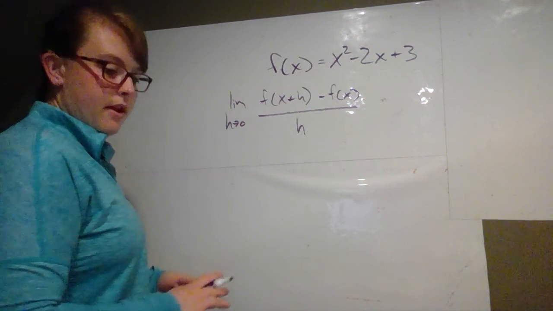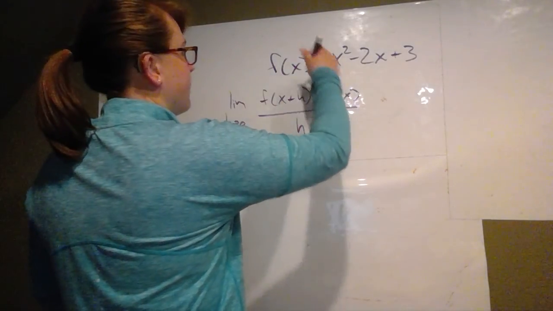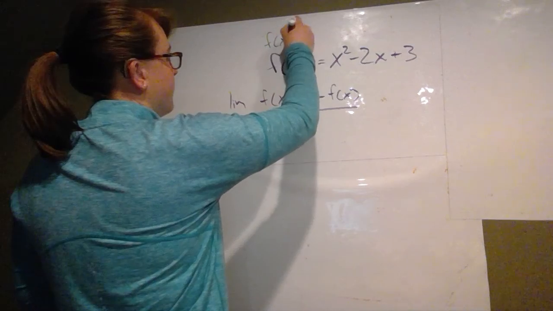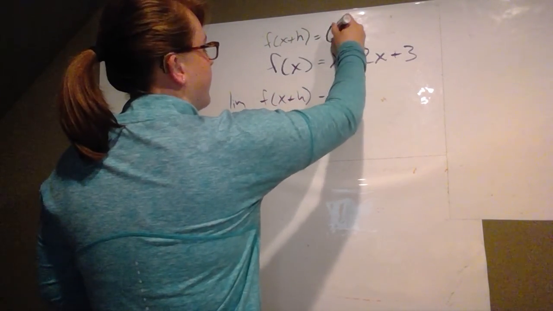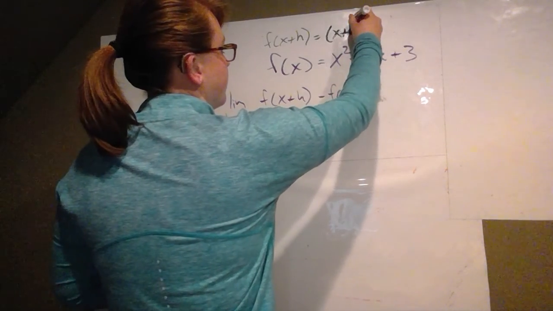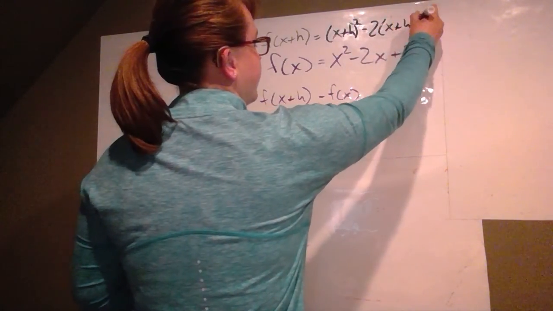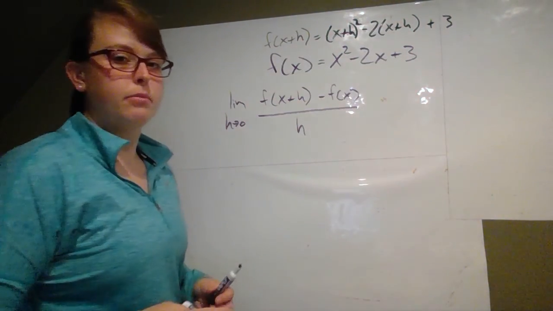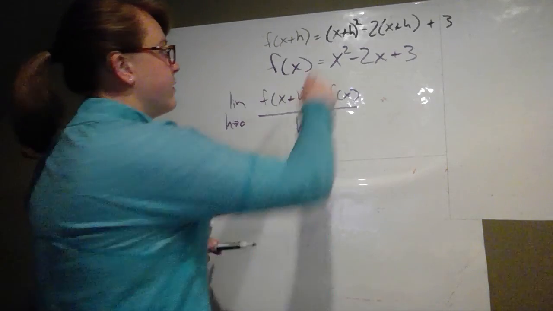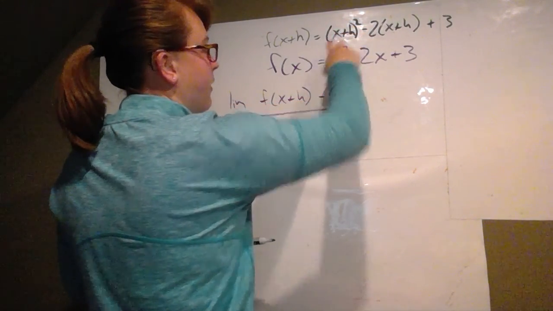So let's do that. So x plus h is going to go in anywhere there's an x here. So we're going to have x plus h squared minus 2 times x plus h plus 3. So that's my f of x plus h that I'm plugging in. And when we do this, we want to make sure that we multiply this out.